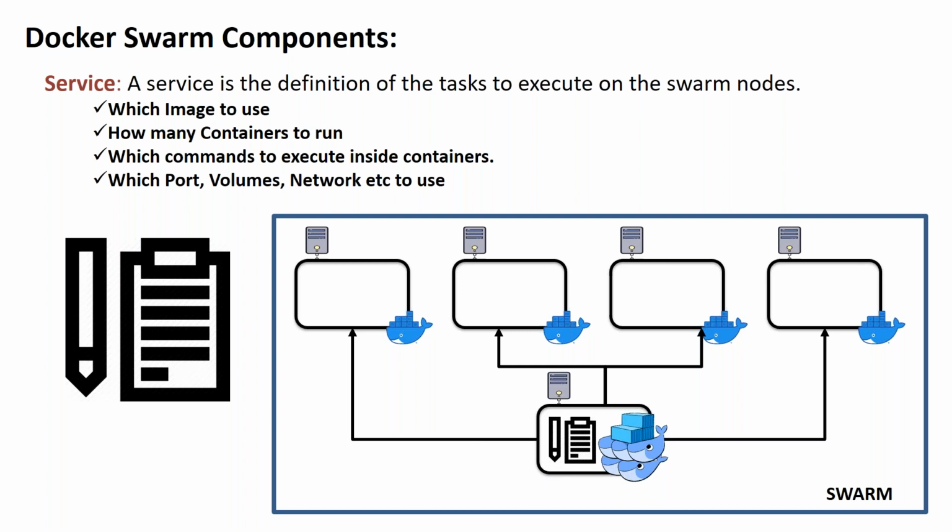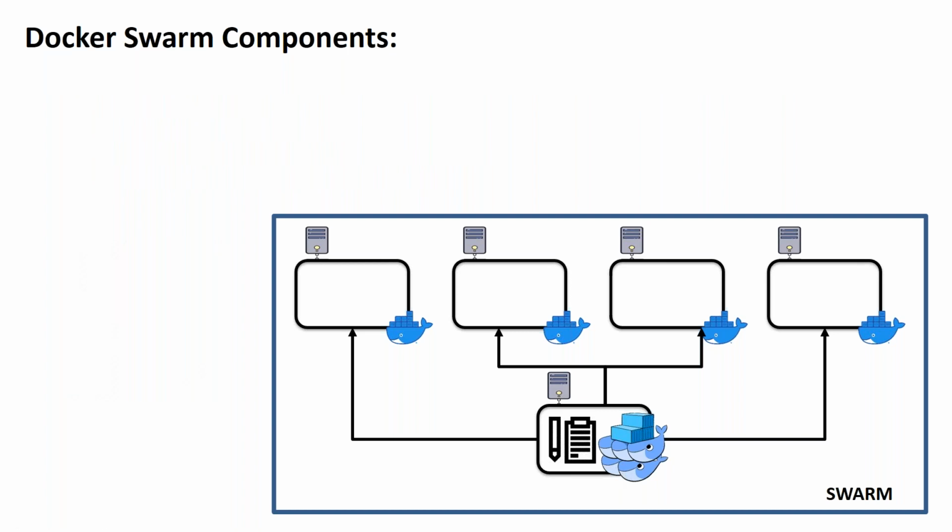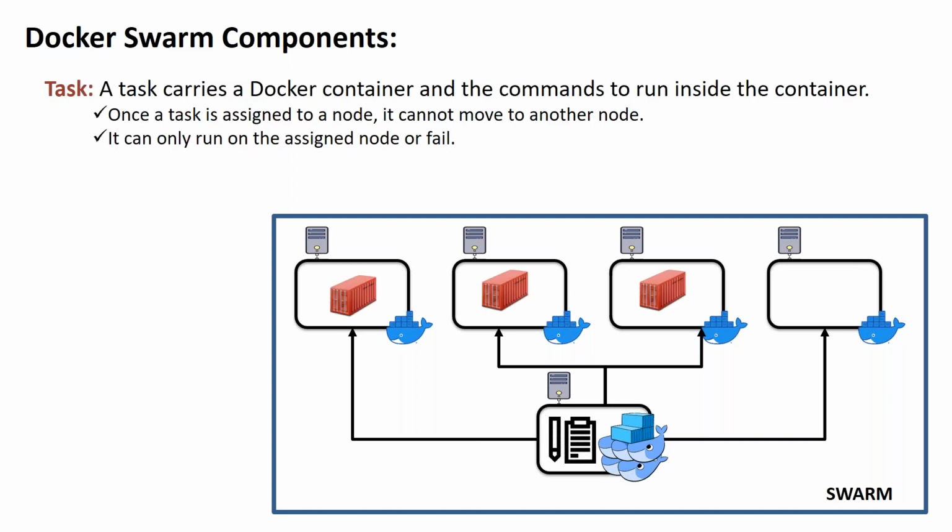So you define what you need as a service, and in the service you tell it what image to use, how many containers to use, and whether there is a specific command to run in those containers. And for that service, what port, volume or network you have to use. All those things you are going to define. Then the Swarm mode will make sure that you have the respective containers created across all the machines. That is what we call the service.